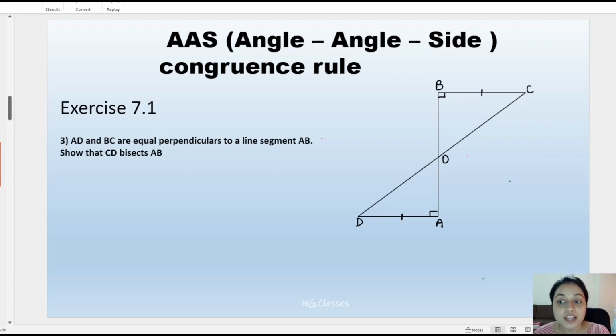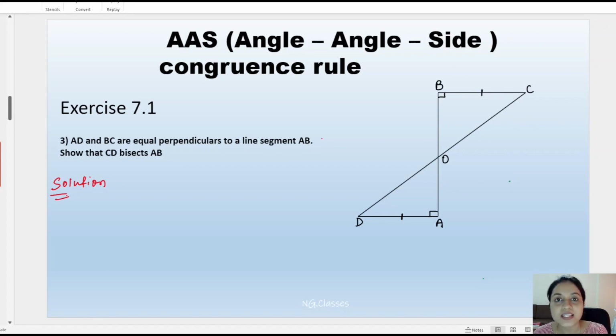That means if the length of the total line AB is 10 centimeter, then OB will be 5 centimeter and AO will be 5 centimeter. So basically we have to prove that the length of OB is the same as the length of AO. Let's prove it with the help of the concept of congruency.